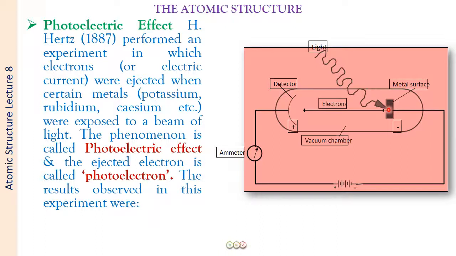Now the ejected electrons are negatively charged, so they move towards the positively charged anode, and hence the circuit is complete, and the electricity produced this way is called photoelectric current. The ejected electrons are photoelectrons, and the phenomenon of emission of electrons this way is called the photoelectric effect. Okay, so I hope this is clear.